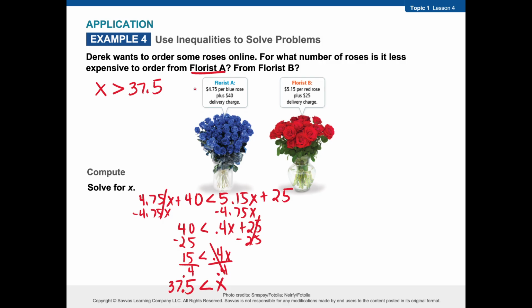You can't buy half a rose, so the next whole number greater than 37 would be 38 roses or more. Florist A would be less expensive. And then florist B would be less expensive when it would be 37 or less roses.